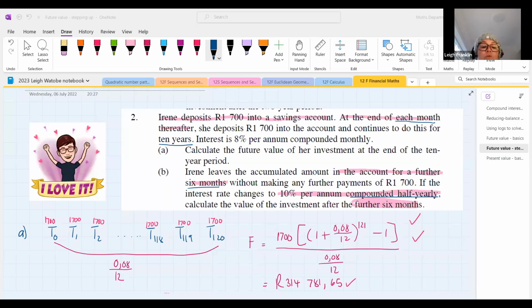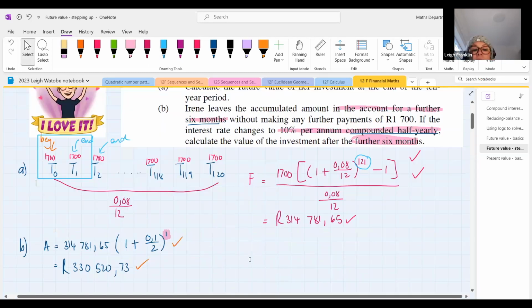Then she continues to make month-end payments all the way through to T120. So there we added 1 to N because there were 2 payments made in the first month, 1 at the beginning and 1 at the end. That's why there ended up being an extra payment.